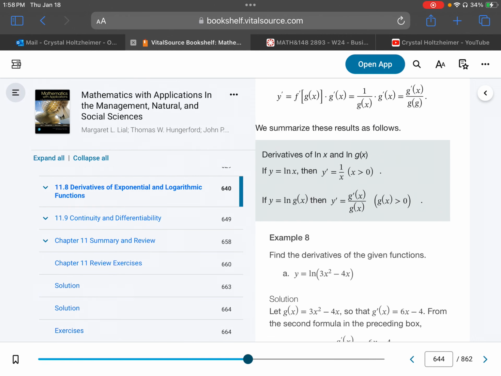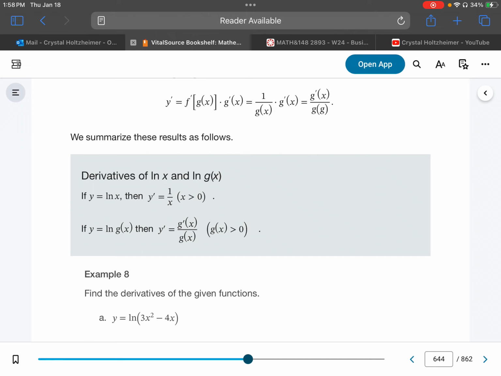Okay, so here we can see the definition of derivatives of both the natural log of x, the natural logarithm being the inverse of e to the x, and also the natural log of a function itself.